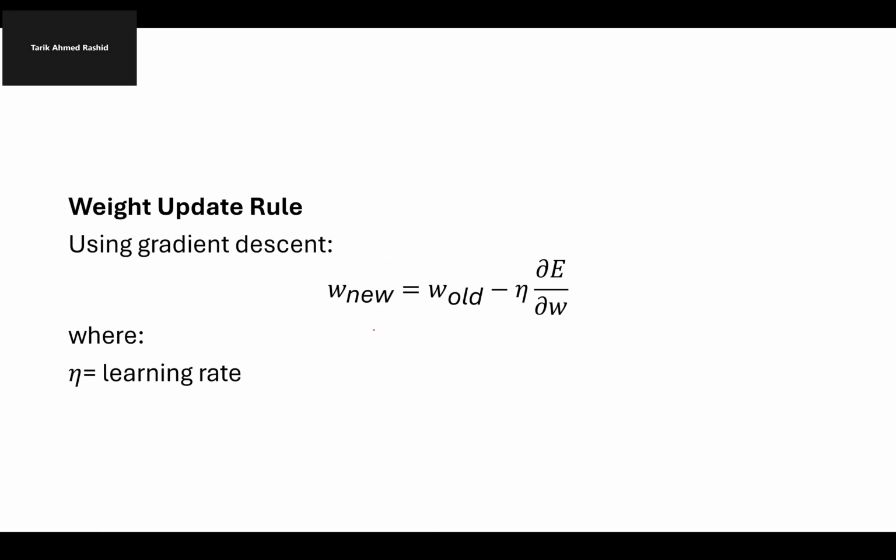That's the idea. Then that change of weight is summed with the old weight, and we get the new weight for the next iteration. And this is the learning rate for the network.